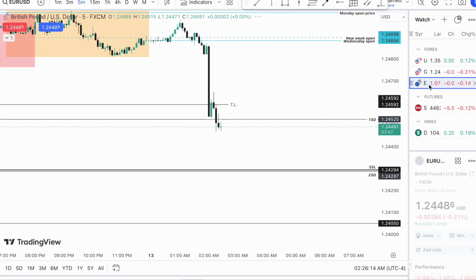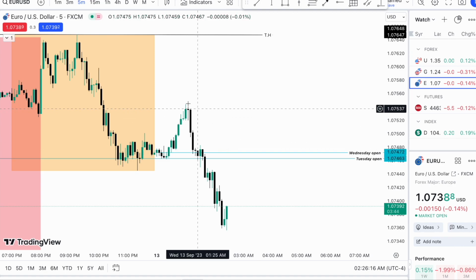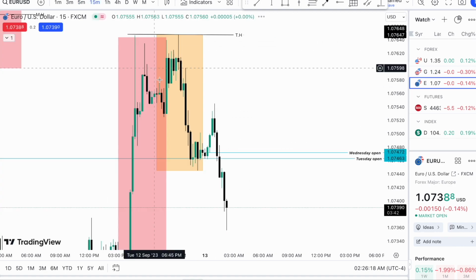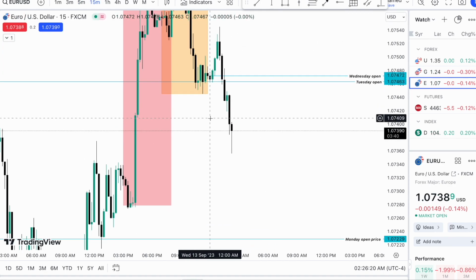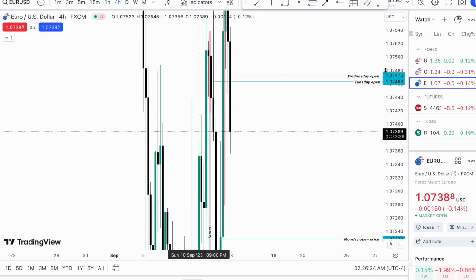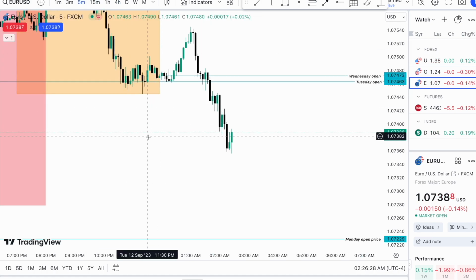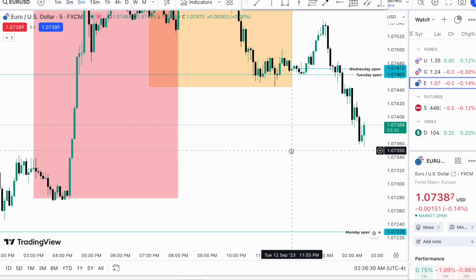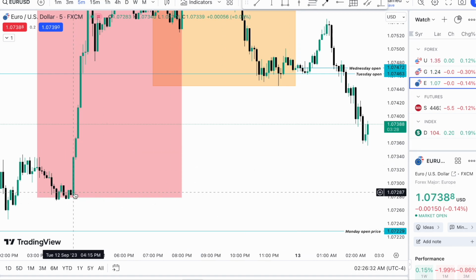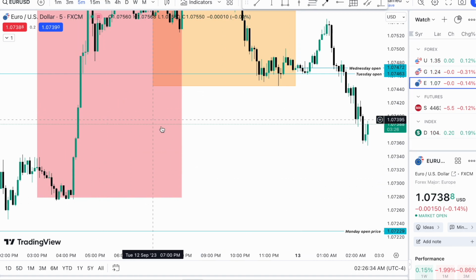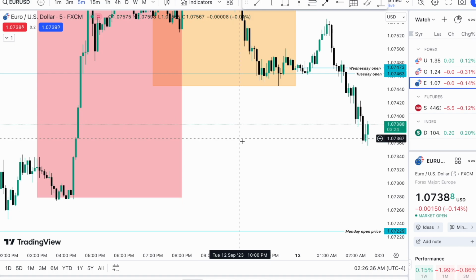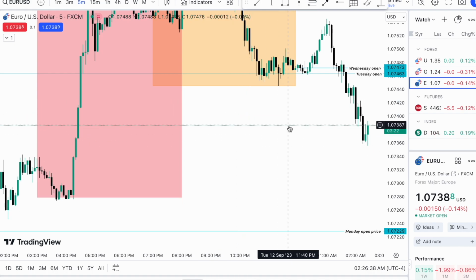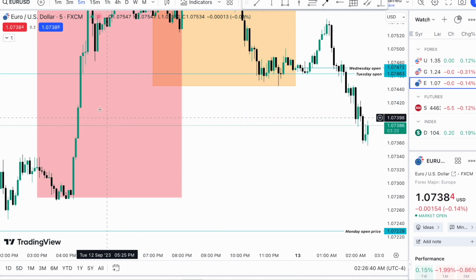Let's take a look, pan over to the Euro chart. We see the big price action that we had during the evening session at 4 p.m. We knew this would more than likely trade back to fill in the imbalance.